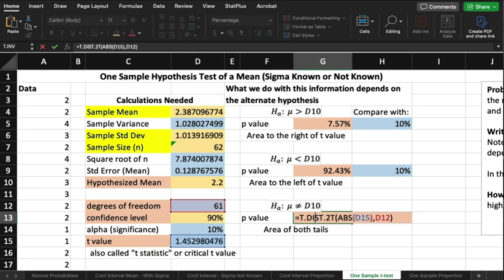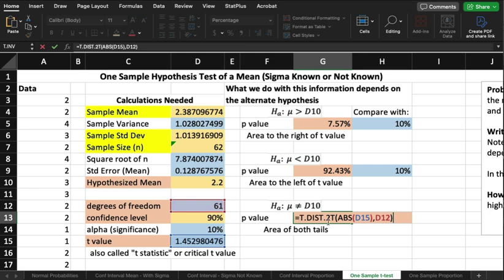So it's ABS, left parenthesis, D15, right parenthesis, comma, D12, and now close the parenthesis on the t.dist.2t function. So you've got two sets of parentheses here. One is for calculating the absolute value of your t statistic. The other pair of parentheses is just for the entire t.dist.2t function.